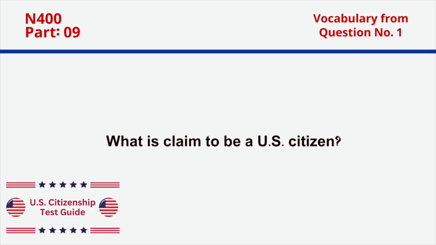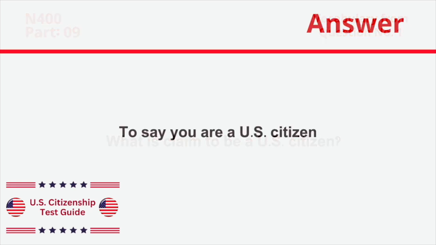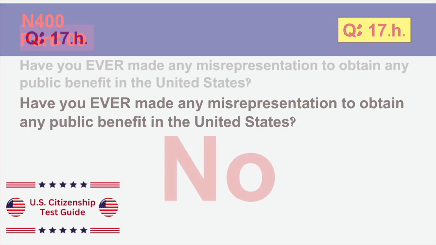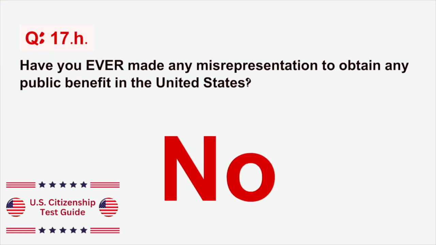What is claimed to be a US citizen? To say you are a US citizen. Have you ever made any misrepresentation to obtain any public benefit in the United States? No.